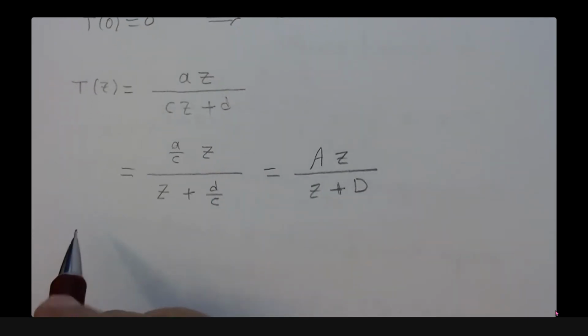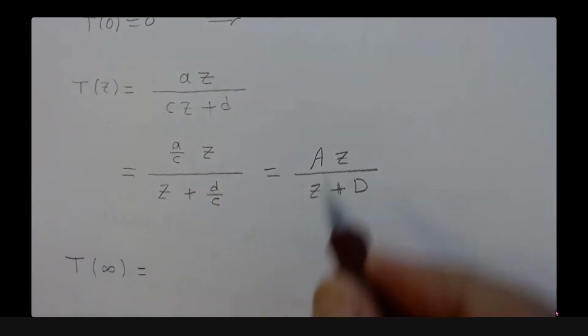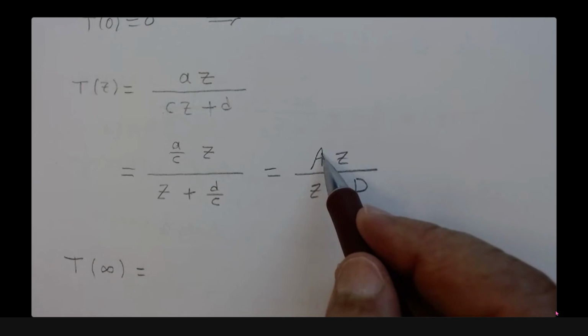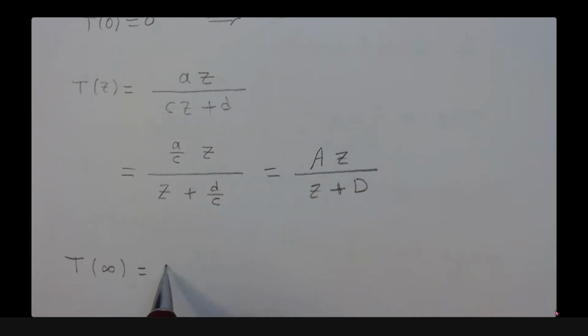Now using T of infinity is 2. T of infinity, if you plug infinity here, is A. So this implies that A has to be 2. Good news.